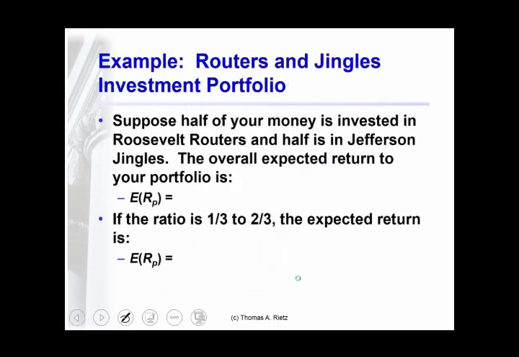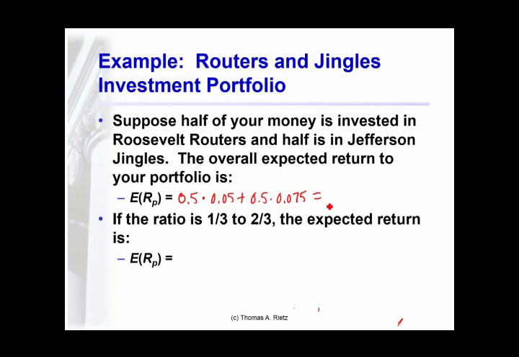So for example, if you had Roosevelt Routers and Jefferson Jingles and were investing in a portfolio, half of your money in each, what you would do is say half my money is in Roosevelt Routers at an expected return of 5%. The other half of my money is invested in Jefferson Jingles at an expected return of 7.5%.